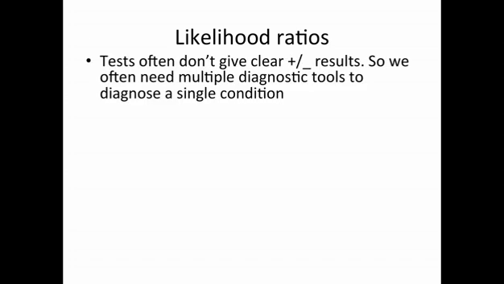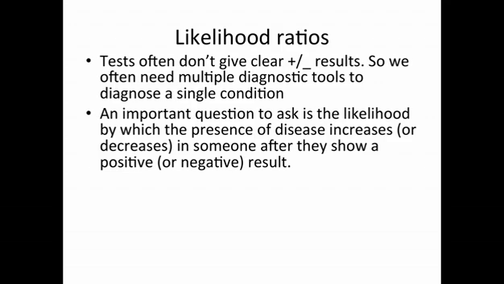Tests often do not give clear positive or negative results, so we often need multiple diagnostic tools to diagnose a single condition. An important question to ask from each diagnostic test is the likelihood by which the presence of the disease increases in someone after they show a specific test result.